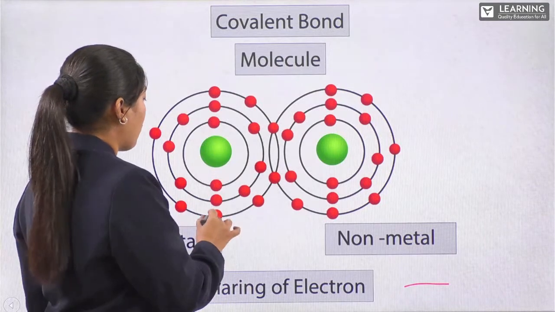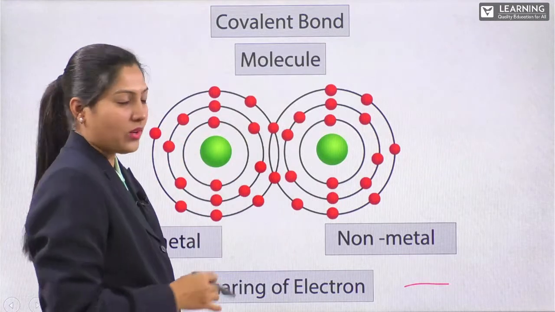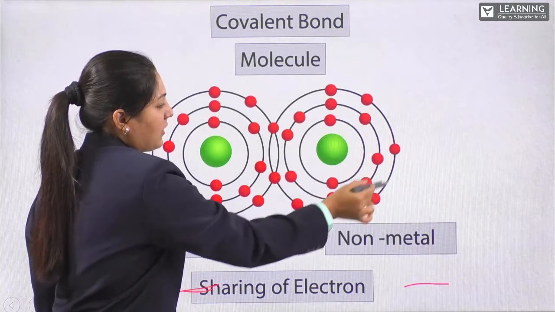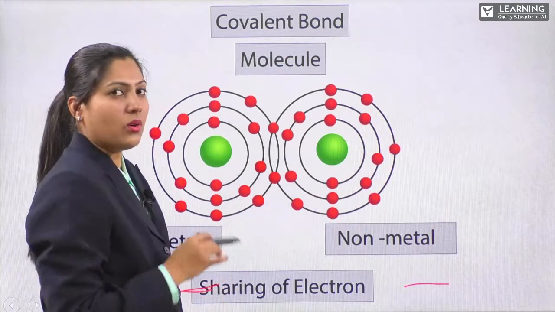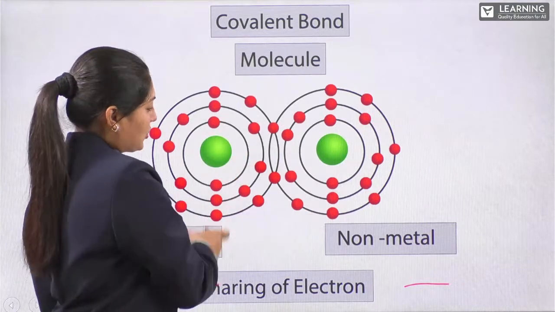So if you see, we have 1, 2, 3, 4, 5, 6, 7, 8 electrons now in one of these, whereas here 1, 2, 3, 4, 5, 6, 7, 8. So 8 electrons both, but before it was just 7 electrons each.